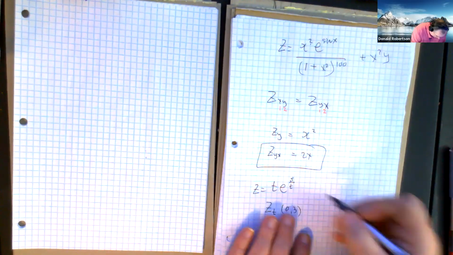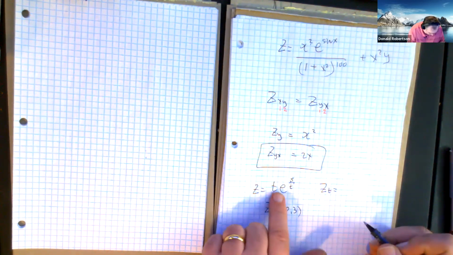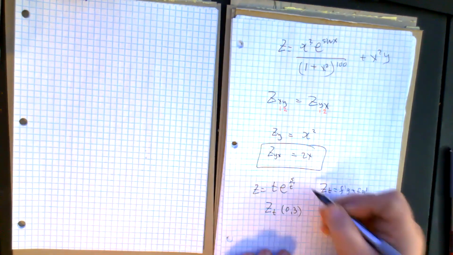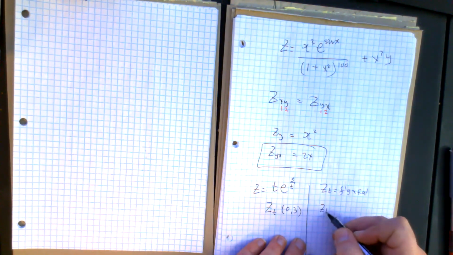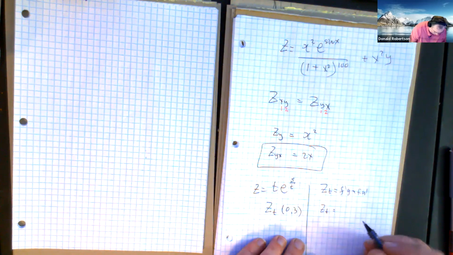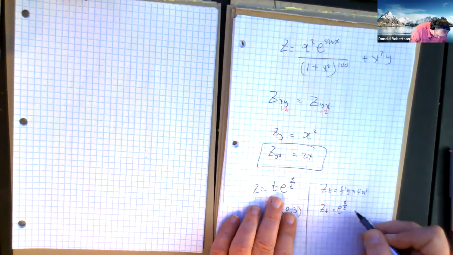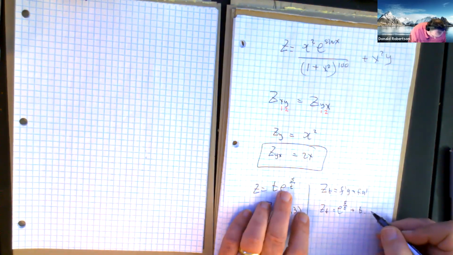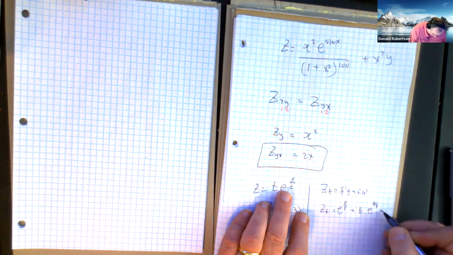Okay, so I'm going to differentiate this with respect to t first. It's a product rule. You're going to have e to the s over t times 1, plus t times the derivative of e to the s over t, which is e to the s over t times that guy's derivative.